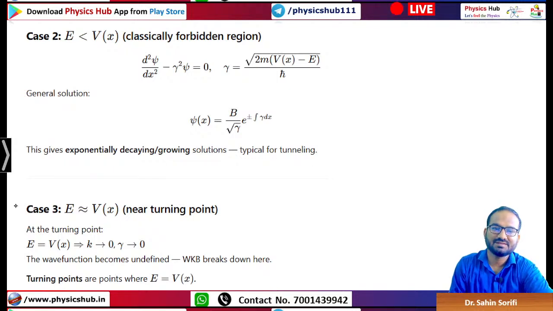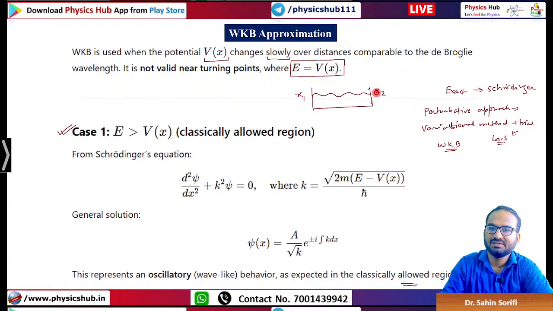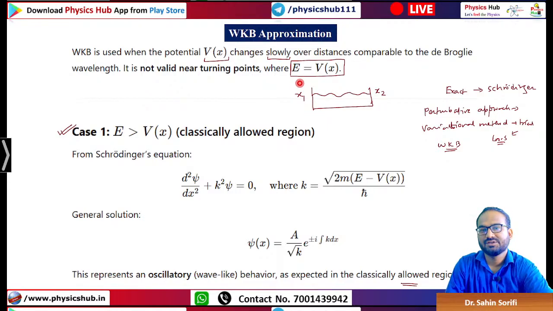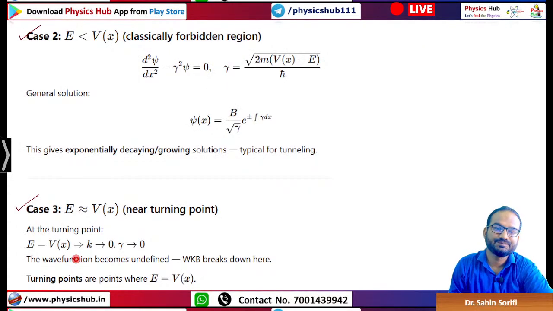Now case 3, this is interesting: E approximately equal to V of x near the turning point, where the particle is momentarily at rest. Whenever you want to find the classical turning points, you need to equate the energy to V of x, meaning the kinetic energy becomes 0.